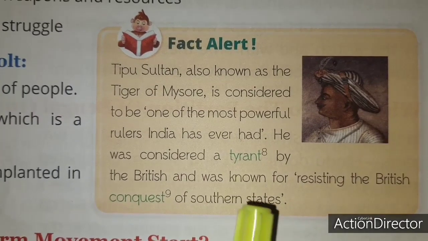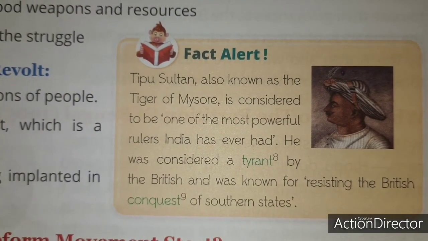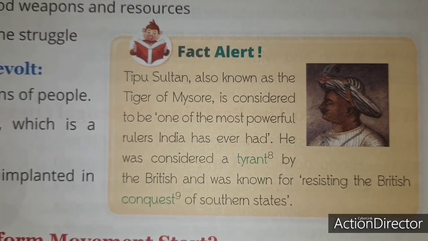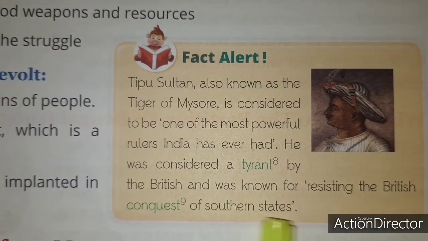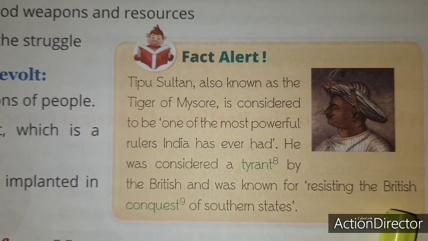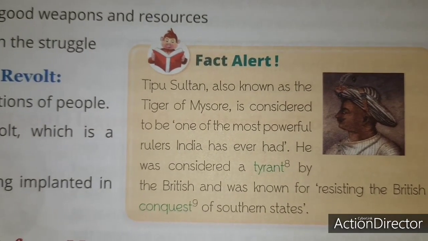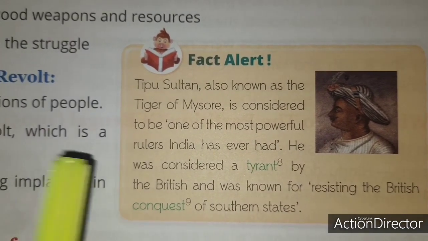Tyrant means he was very furious, he was cruel. They considered him cruel because he was killing the British and driving them out of India. He was known for resisting the British conquest in the southern states. He was one of the prime characters in South India who stopped the British from coming to South India.